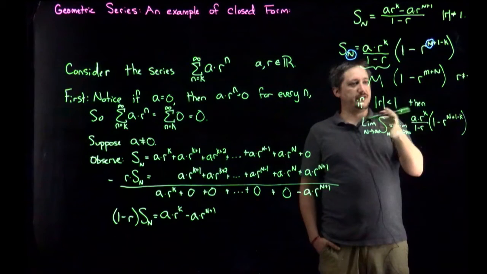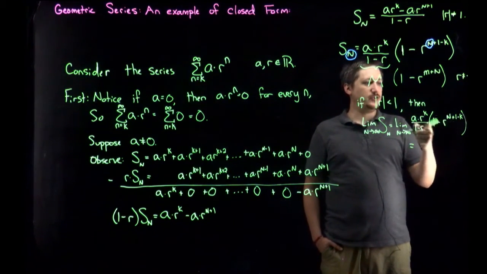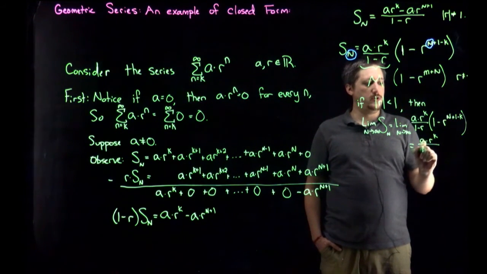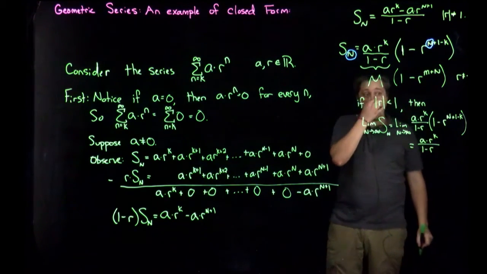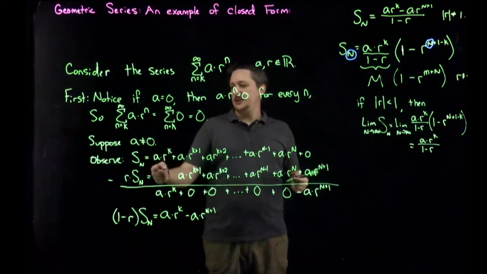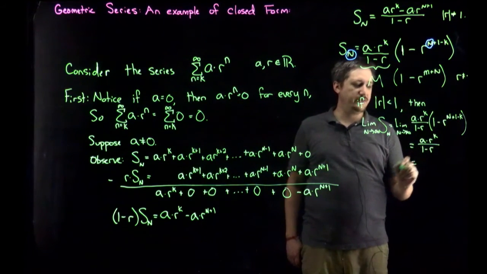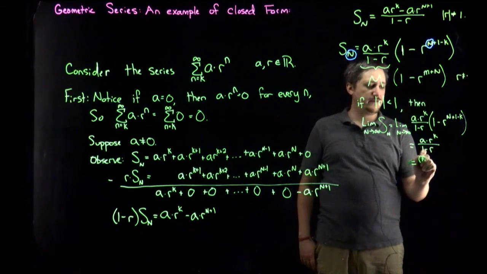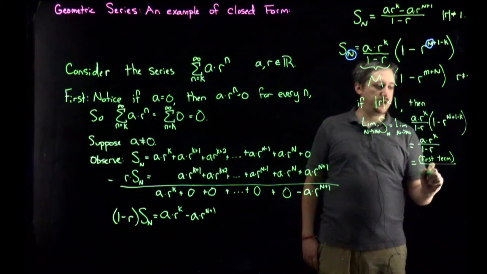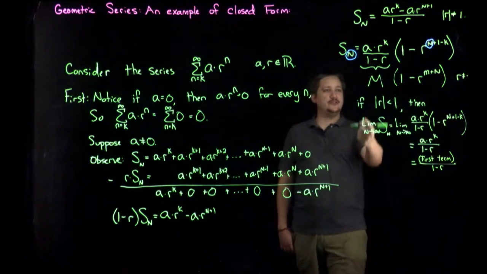If r is less than 1, this thing goes to 0, this becomes 1 minus 0, and it just becomes a times r to the k over 1 minus r. Which you might note, a times r to the k is exactly the first term, right? So in unofficial parlance, this is the first term divided by 1 minus r, okay? So that's if r is less than 1.